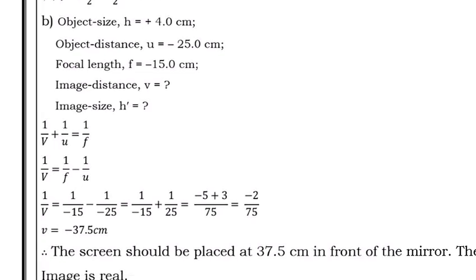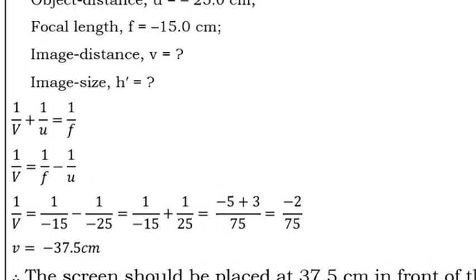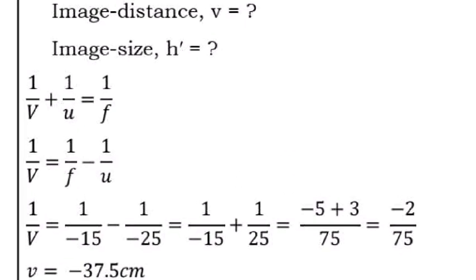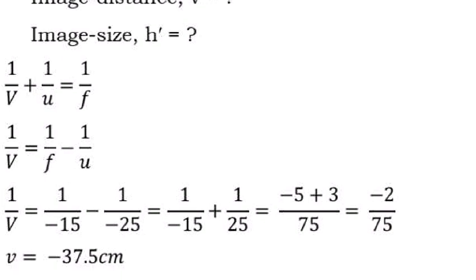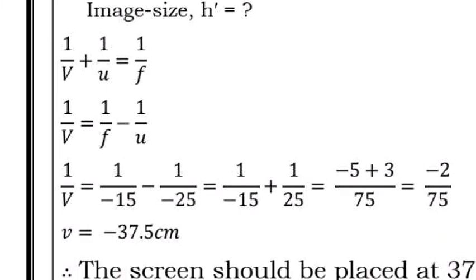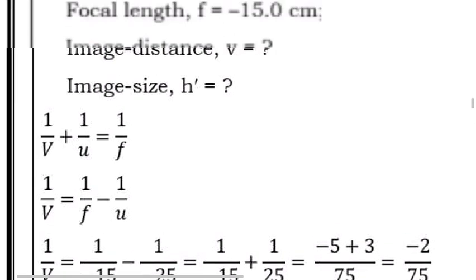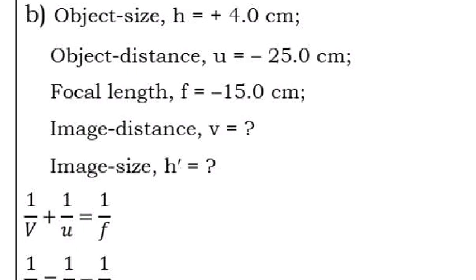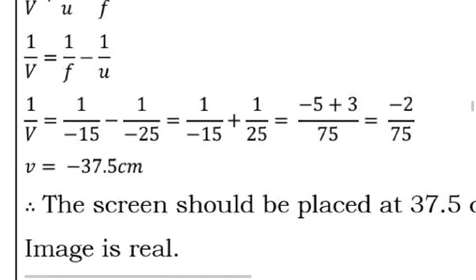So we have 1 by V plus 1 by U equals 1 by F. So we can get 1 by V equals 1 by F minus 1 by U. We have focal length F as minus 15 and U as minus 25, right?